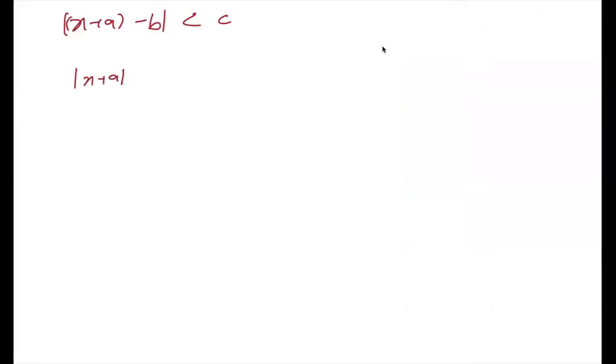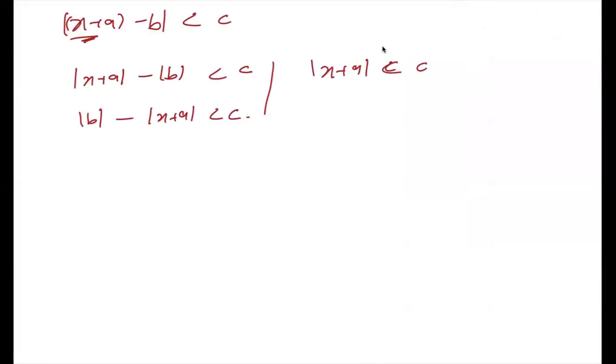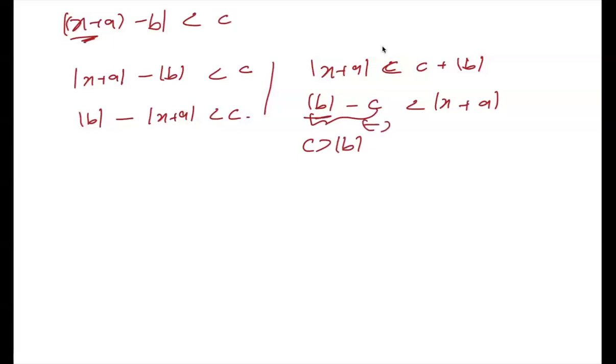Using the triangle inequality, you can get |x plus a| minus |b| less than C, and also |b| minus |x plus a| less than C. Then for the part including x, you get two inequalities: |x plus a| less than C plus |b|, and |b| minus C greater than |x plus a|, which is the absolute value of b minus c. So what would happen if you pick C greater than the absolute value of b? This value becomes negative, and then the second form of inequality becomes meaningless.